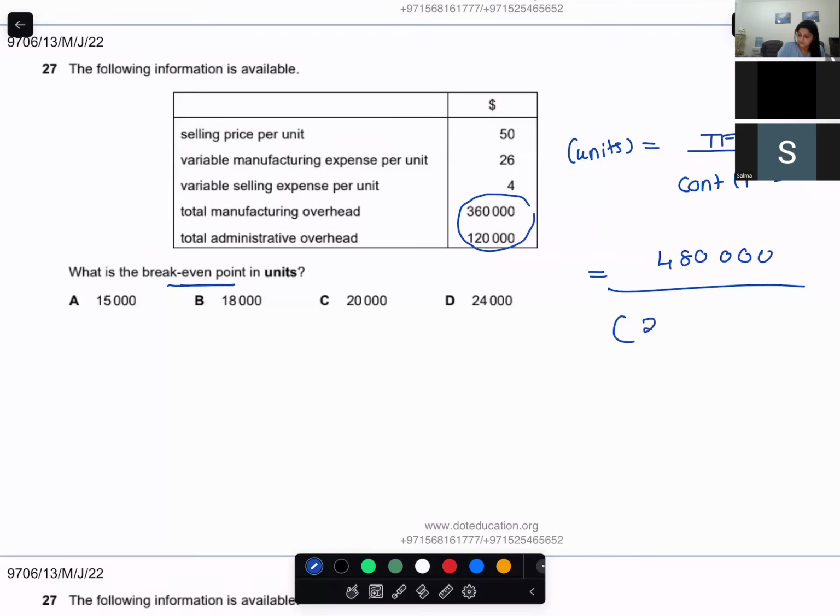Then to find contribution, you need to do selling price minus variable cost, which is 50 minus 30, and you get 20. So 480,000 divided by 20 is 24,000, which is option D.